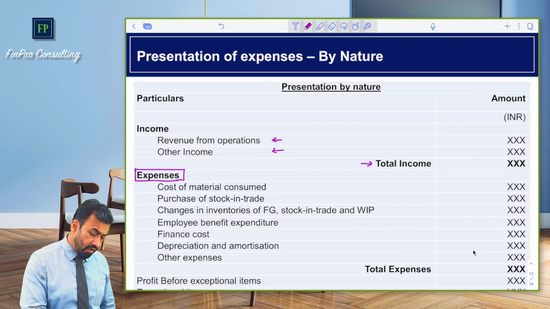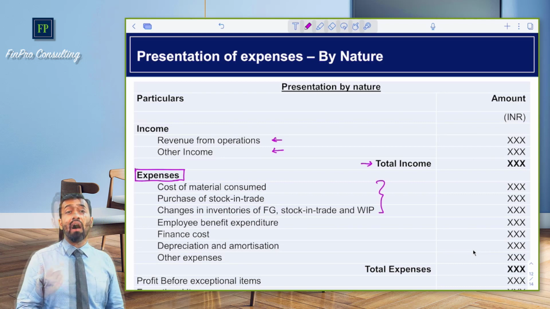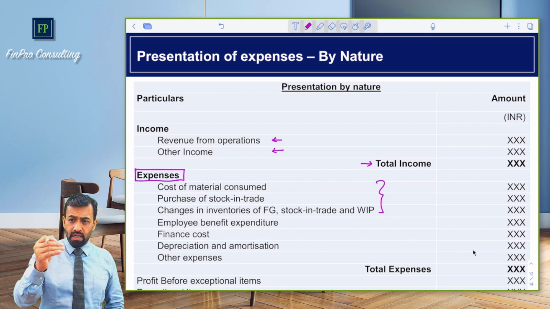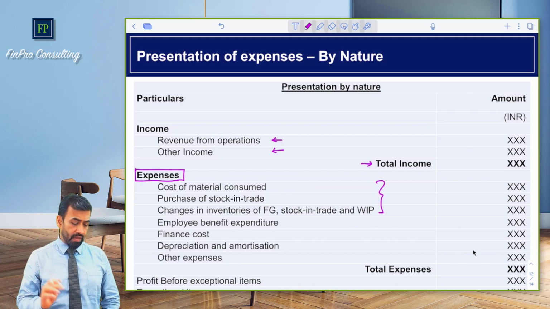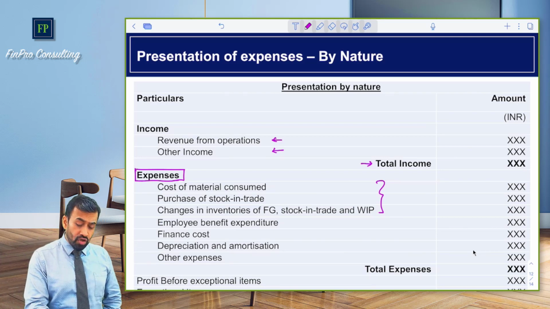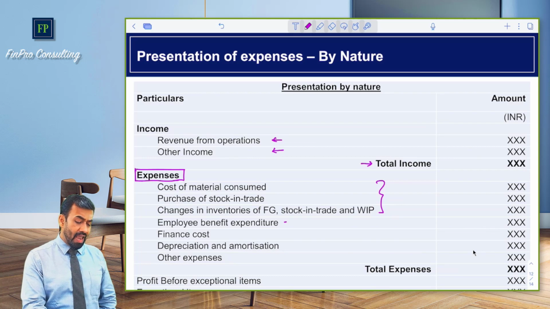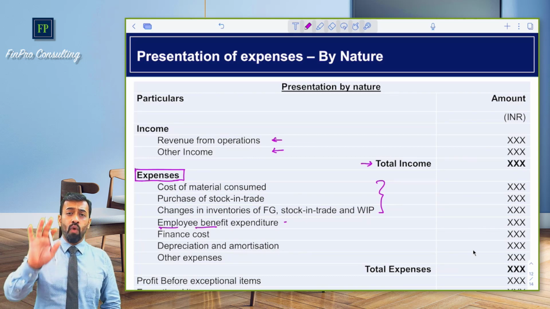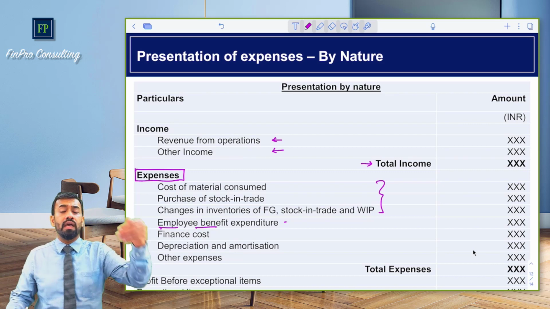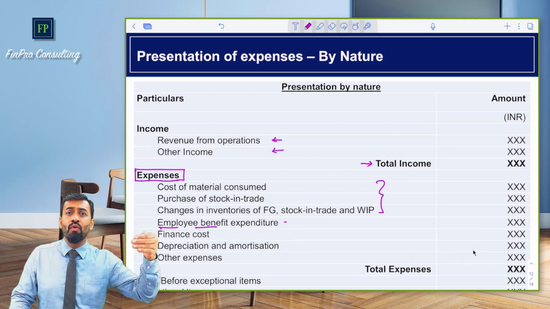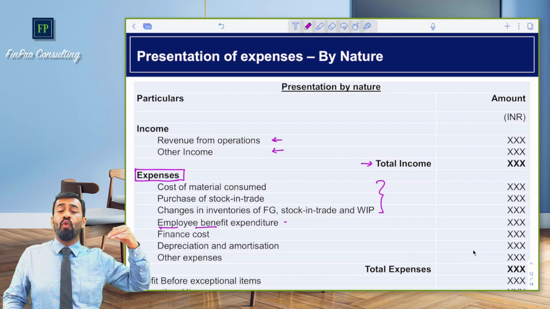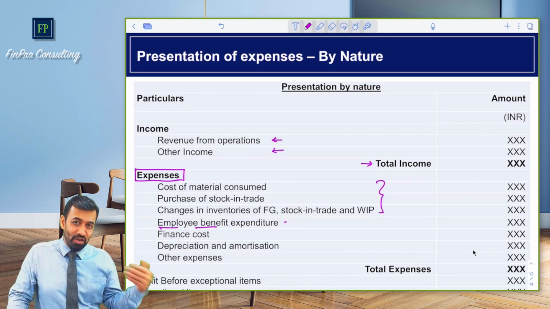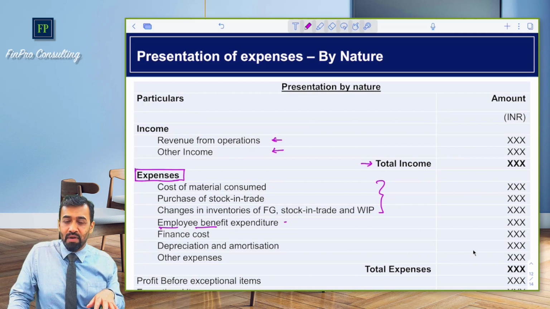If you see, the first three expenses are related to stock. So the nature of expenditure is raw material, finished stock, etc. The second nature or type of expenditure is employee benefit. Any employee working in the company may be working in the production department, research and development, marketing, distribution, treasury or administration department.